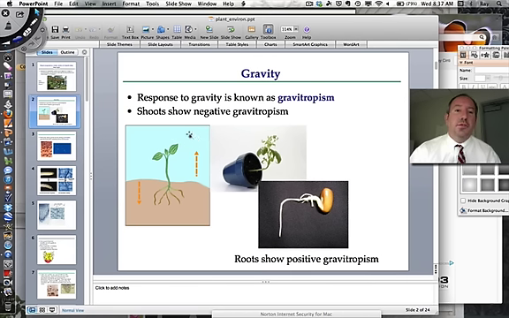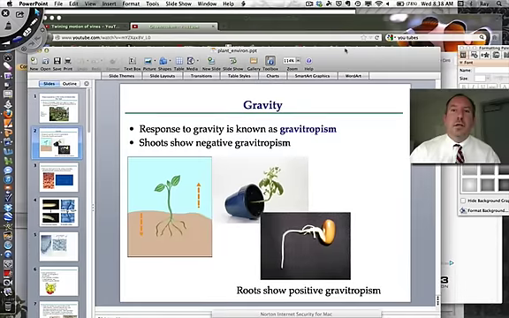Gravity is a force pressing down toward the earth, so when shoots grow against it, this is called negative gravitropism, or geotropism. It's considered negative because it goes against gravity, whereas roots show positive gravitropism, going toward the earth. That's important too, because if you grow downward, you're interacting with soil, and you get lots of water and nutrients that way. So shoots are up, roots are down.